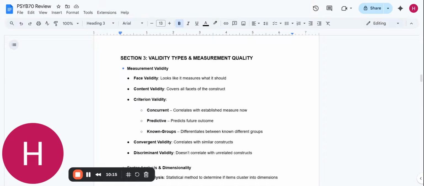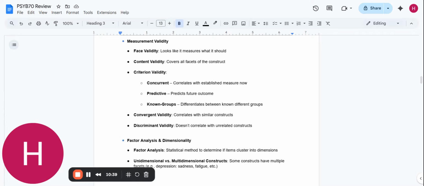Now let's move forward to measurement quality and different validity types. Measurement validity has some different types. The first type is face validity, which means it looks like it's measuring what it should. Content validity means: does it actually cover all different aspects of the construct? And then criterion validity has three different factors. The first one is concurrent, which means it correlates with an established measure now.